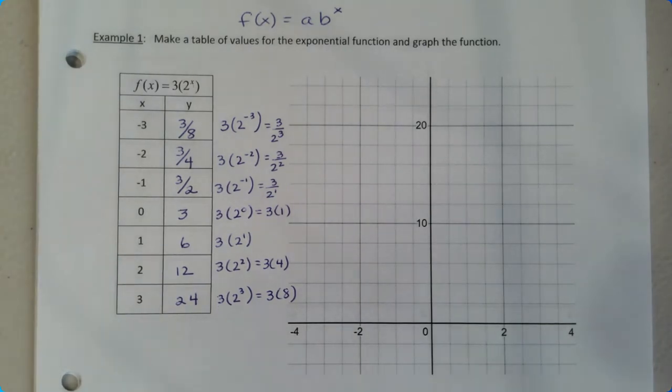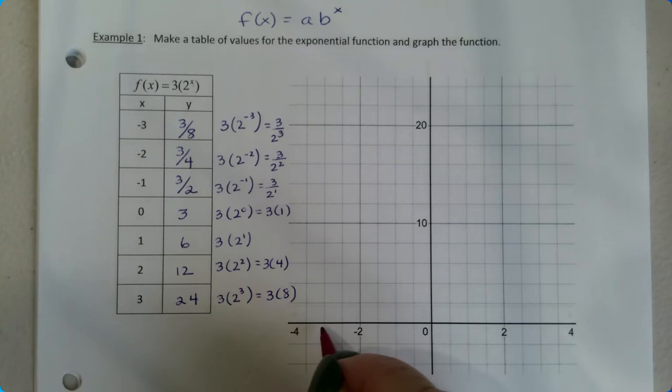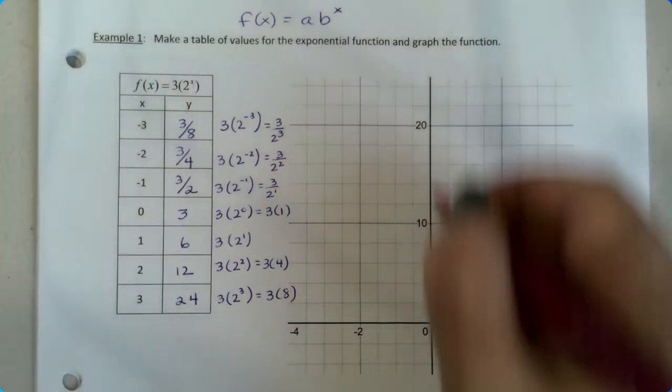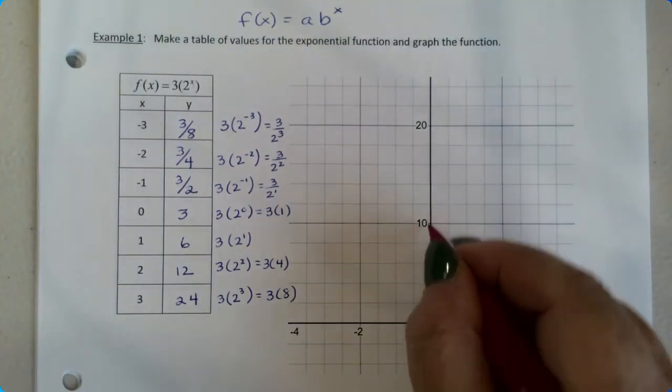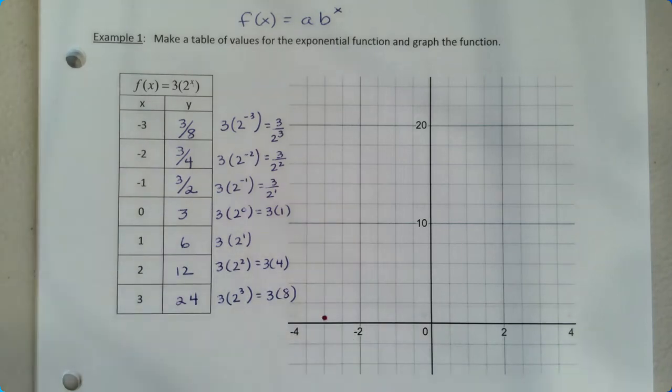All right, take a minute and plot those points on your graph. You'll have to do a little estimating with the fractions, but that's okay. So -3, let's see, the vertical axis, by the way, looks like it's going up by 2s, so watch out for that. At -3, 3/8 is going to be way down here.